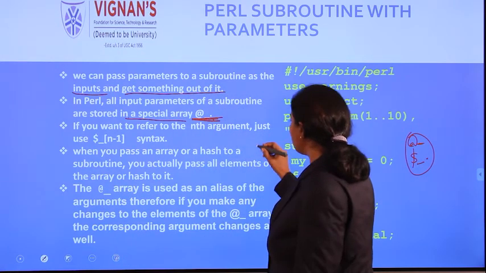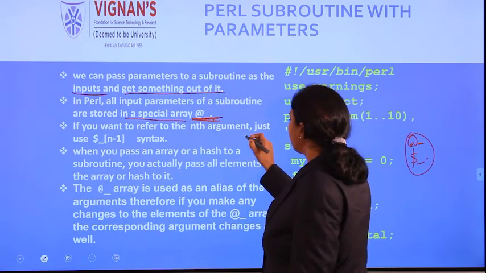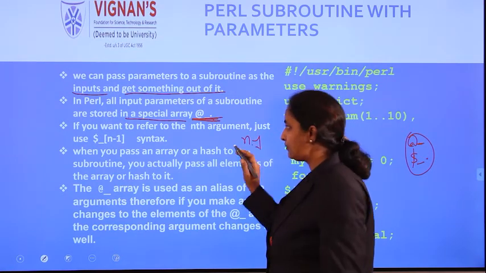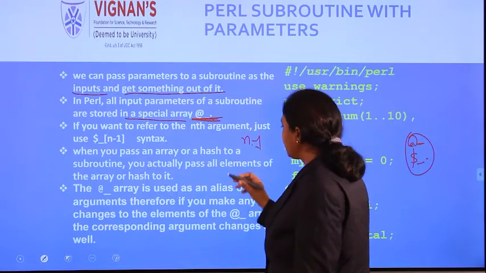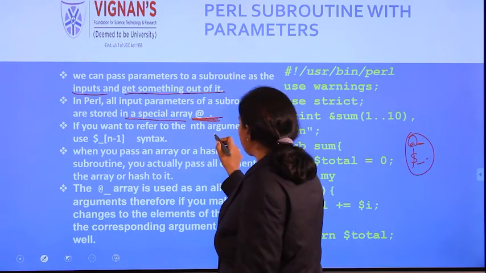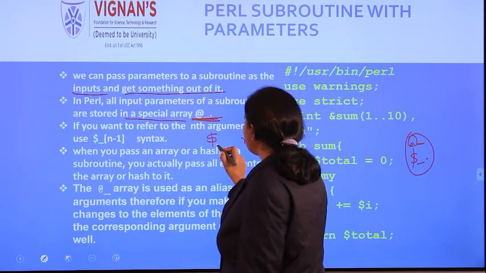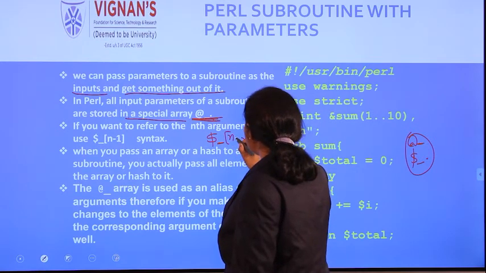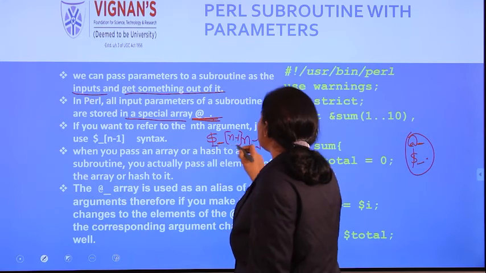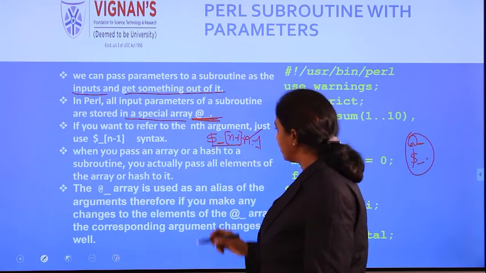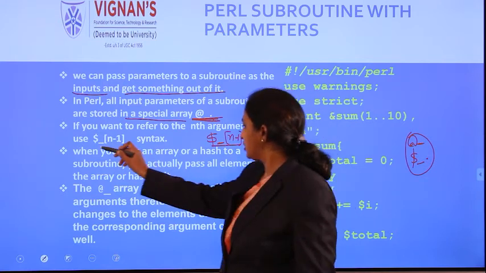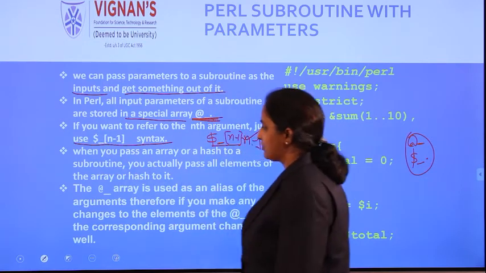Each element is a scalar, and a scalar is represented with the $. So $_ with the index value, the nth index meaning n-1. This is the way to denote it. If you want to refer to the nth argument, just use the n-1 syntax.